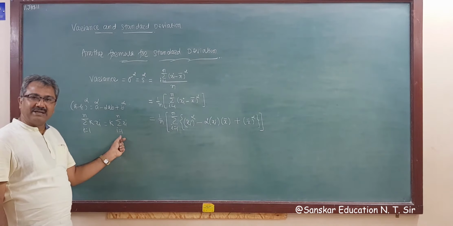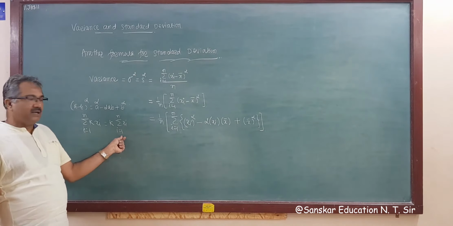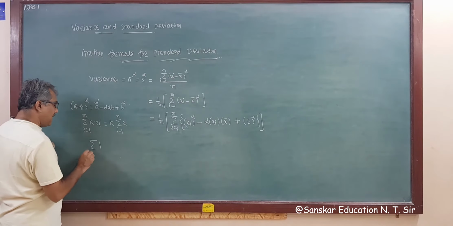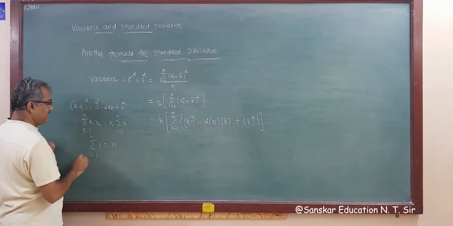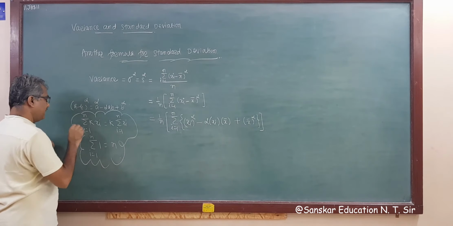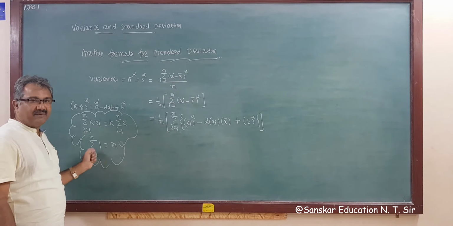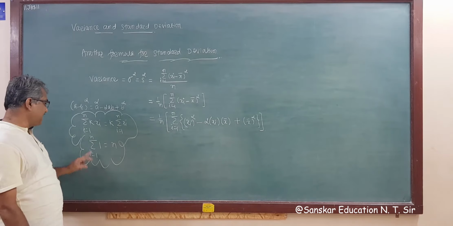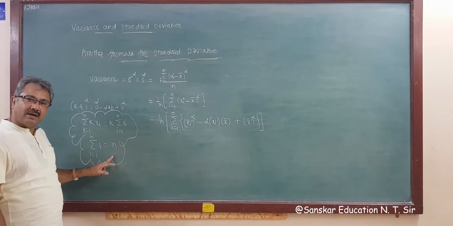Also note down one formula: sigma 1, i running from 1 to n, is equal to n. Sigma 1 is n. You have to note down these two formulas, right? Sigma 1 is always n, because i is running from 1 to n. If i is running from 1 to 10, then the answer is 10. If i is running from 1 to 100, then the answer is 100, right?